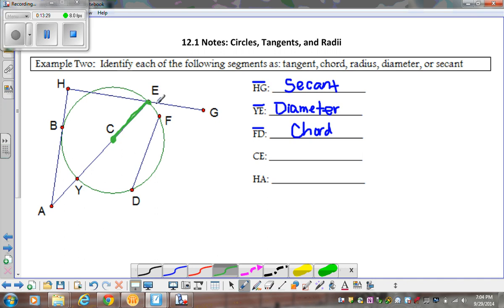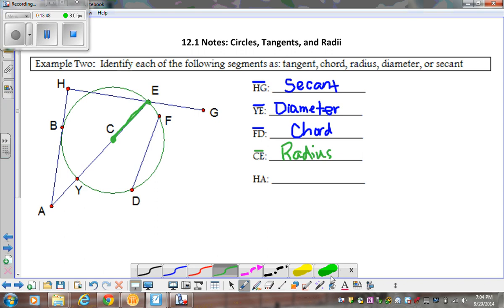Now I could go C to E, C to F, C to D, C to Y, C to B, any other point on my circle from the center point, that would be my radius. And again, that's a segment.